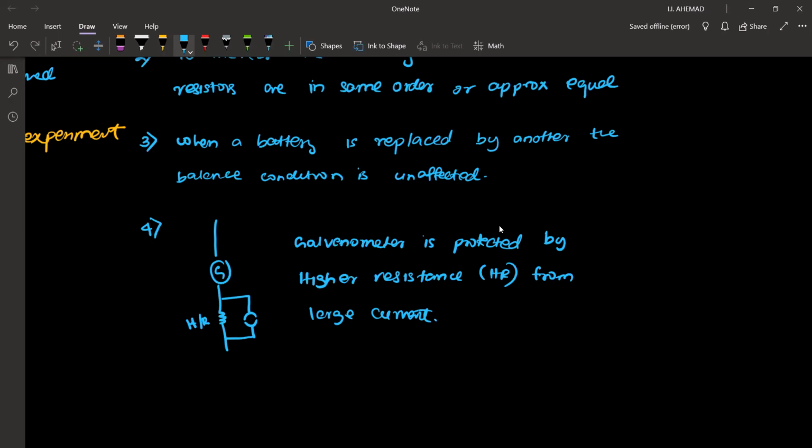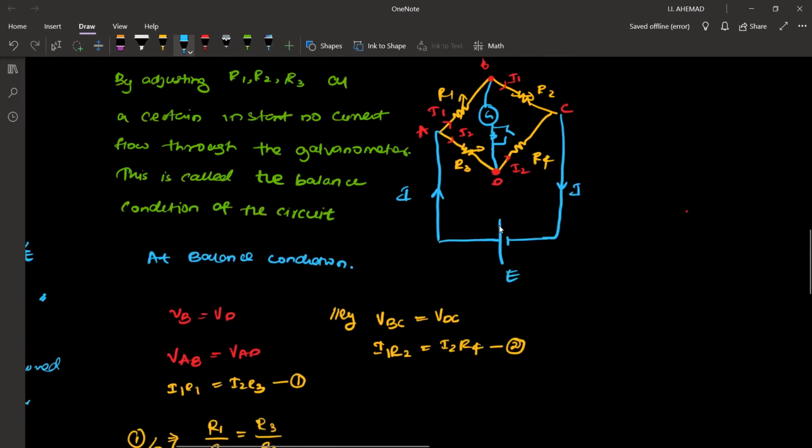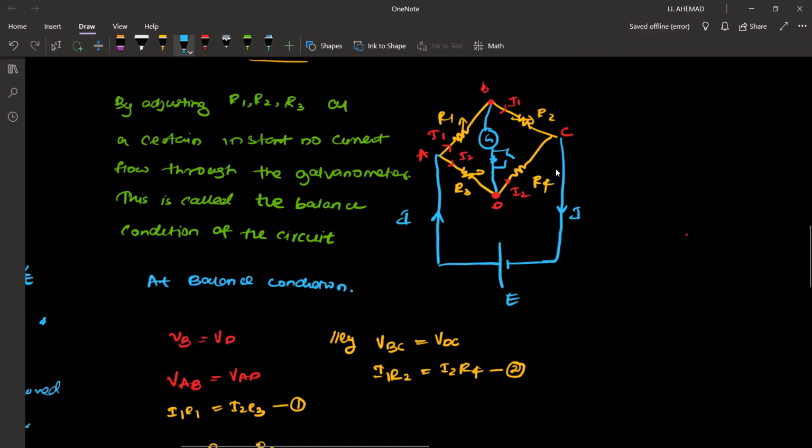So here, as it is mentioned, we have an unknown resistor. We are going to adjust all the other resistors. When we adjust the resistor, unless it is the balance condition, there will be a current through the galvanometer. We know that a galvanometer measures a small current. So if the current is huge, it might damage this galvanometer. So first we keep the switch open, and we have a higher resistance in series to the galvanometer.